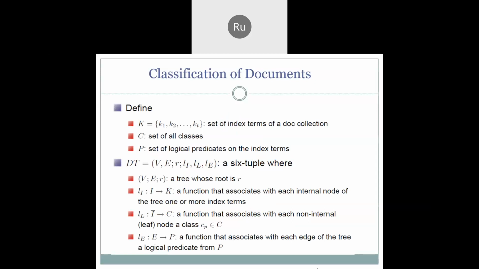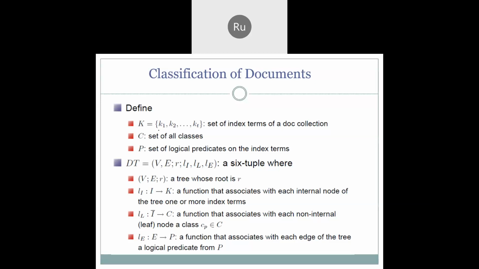Okay, so for us to proceed with this, we need to define several keywords or index terms of a document collection. Okay, so the keywords will be used to direct the document to which subclasses it should go.